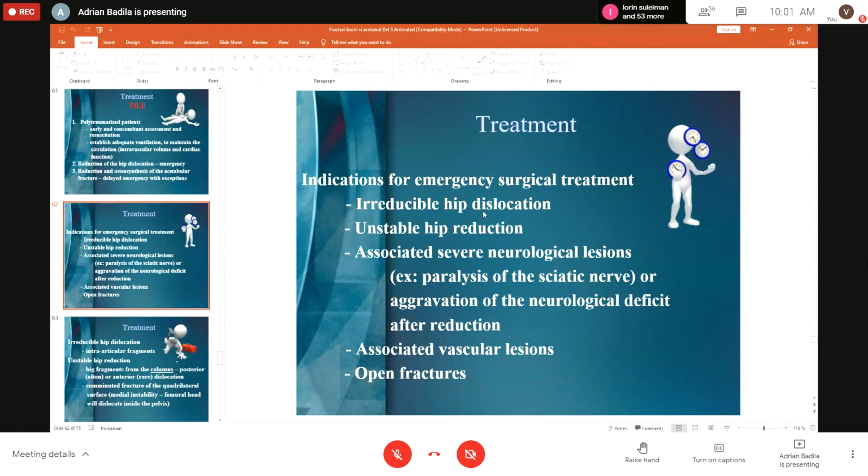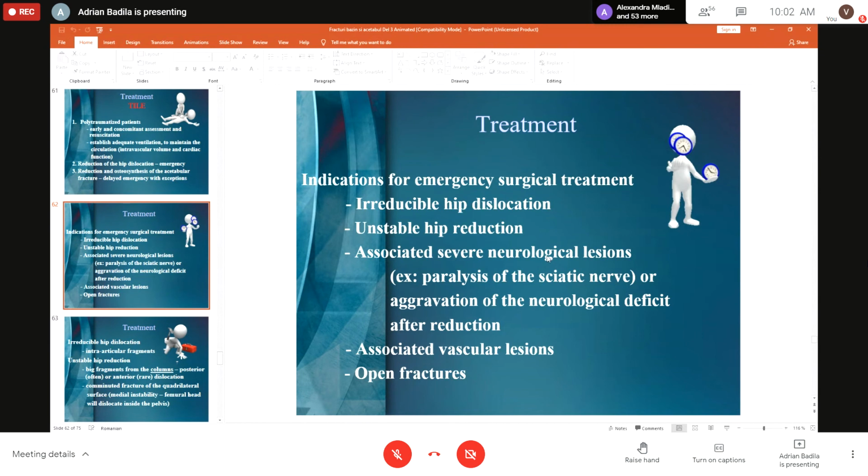an irreducible hip dislocation. That means that we cannot obtain reduction of the dislocation by external orthopedic maneuvers. An unstable hip reduction, that means that we obtain the reduction, but when we mobilize the hip, the dislocation will reproduce.